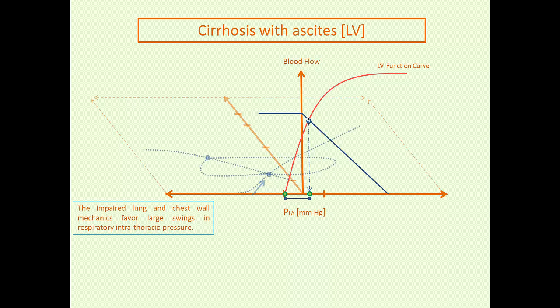The direct effects of changes in intrathoracic pressure upon the wedge pressure are such that as intrathoracic pressure drops, both the pulmonary venous return curve and the cardiac function curve shift in tandem leftwards, and rightwards with an increase in intrathoracic pressure.